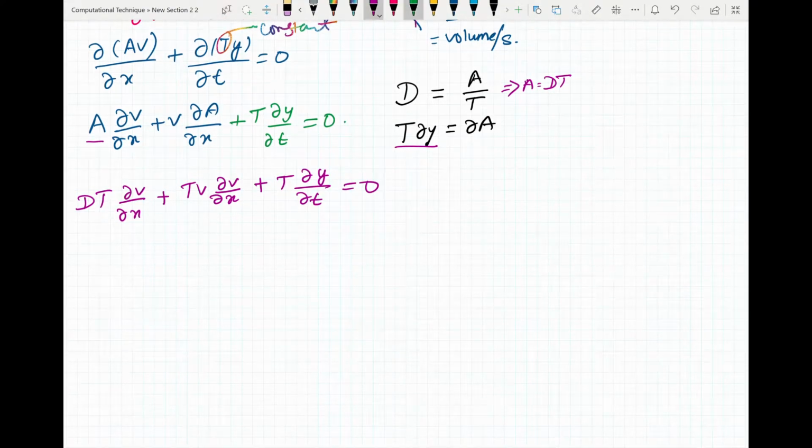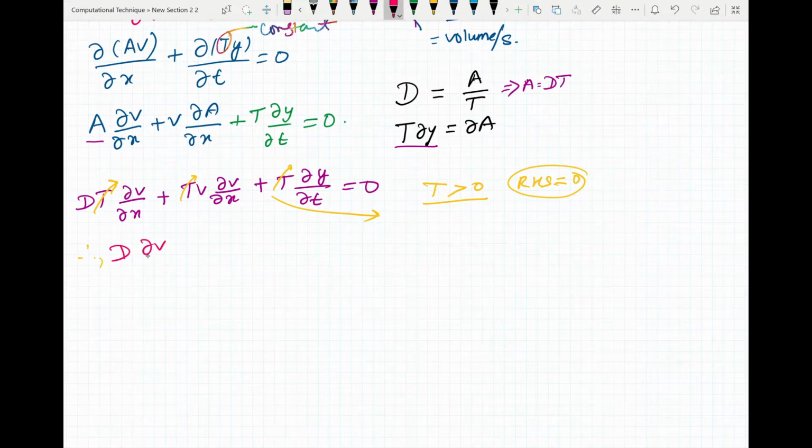Now you can take your t common and take it to the right side. Since t is greater than 0, this right hand term will be equal to 0. Therefore, what you will get here is d dv by dx plus v dv by dx plus dy by dt equals 0.